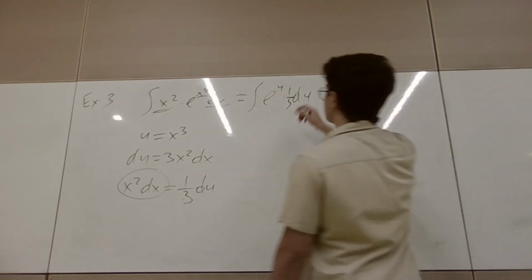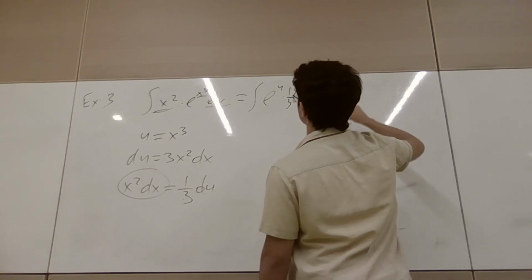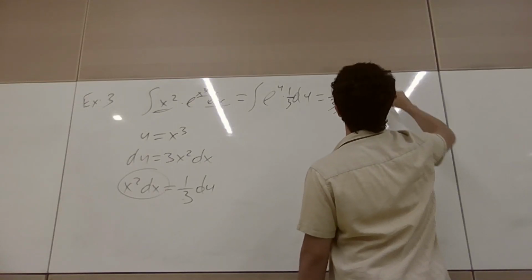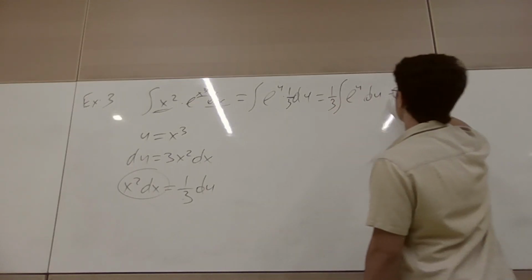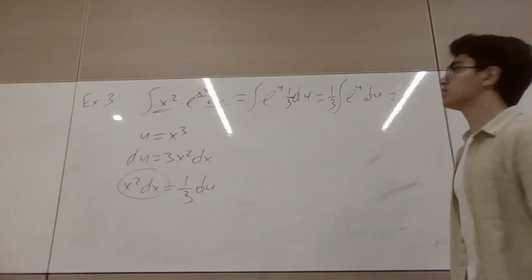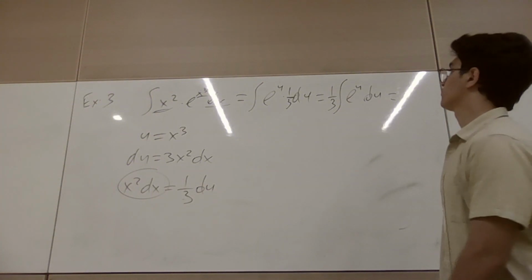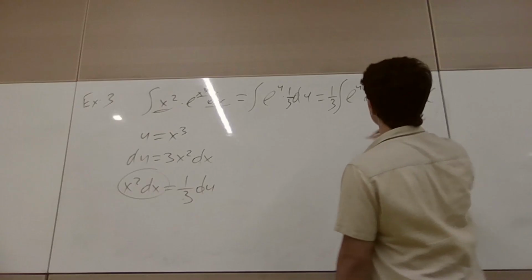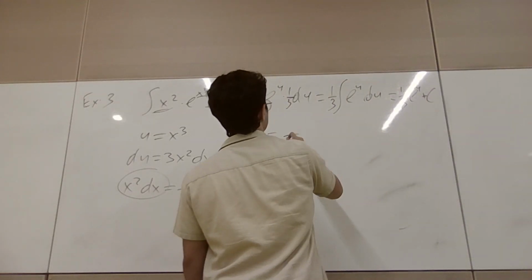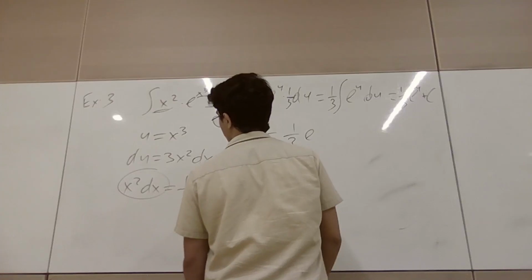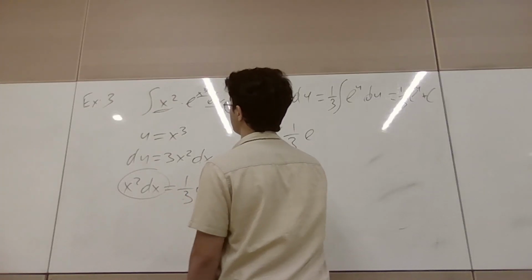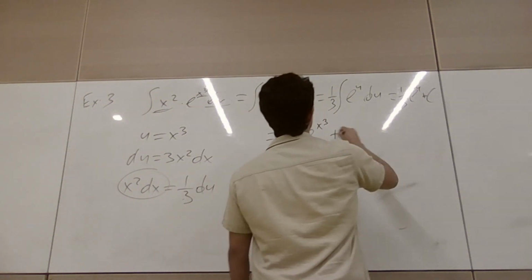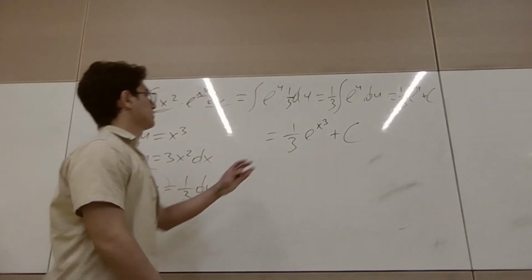So you can pull the 1/3 out. The integral of du, and we know that the integral of e to the power of u is e to the power of u plus c, and plug x back. e to the power of what was our u? It's x cubed, plus c. So we find this.